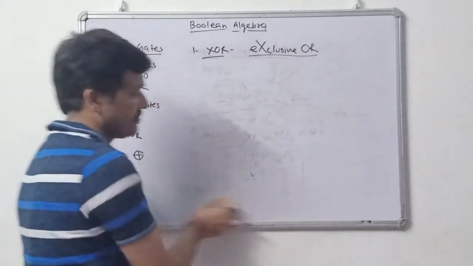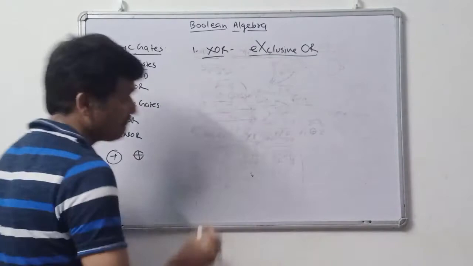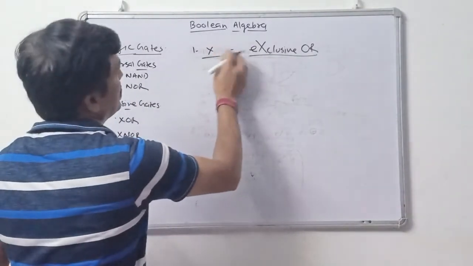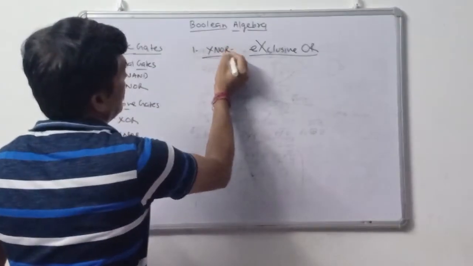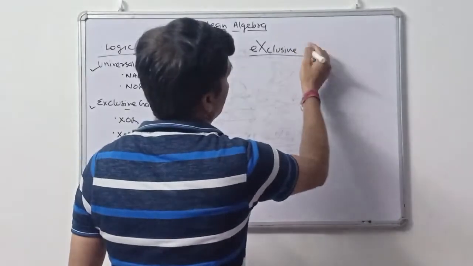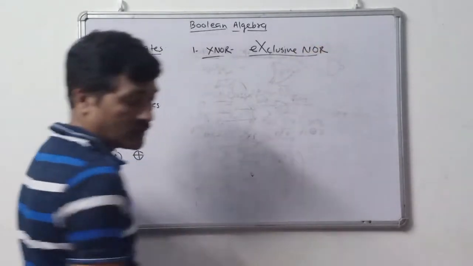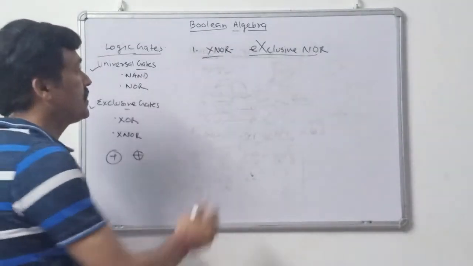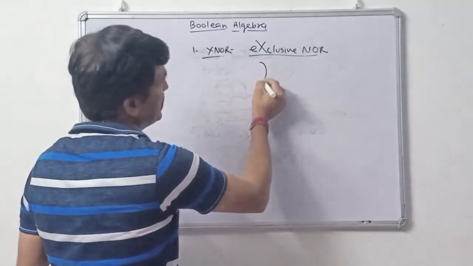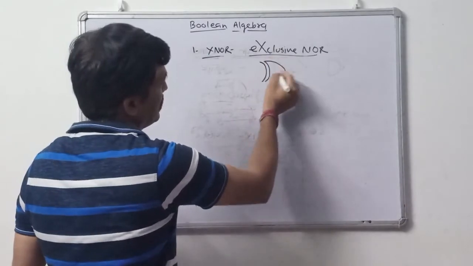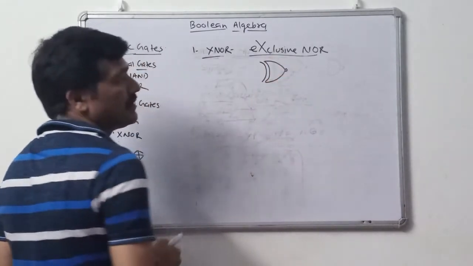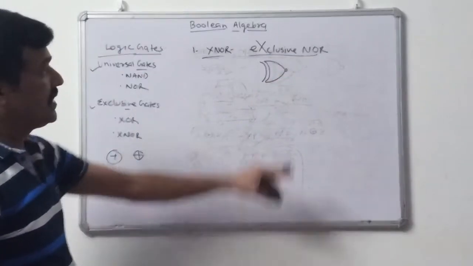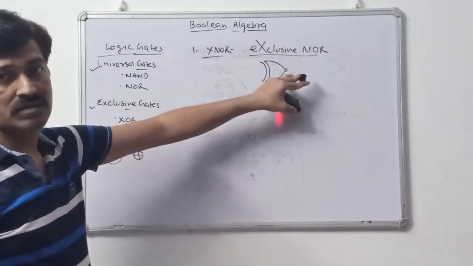And finally, XNOR, exclusive NOR. The symbol is, in XOR we place the NOT.